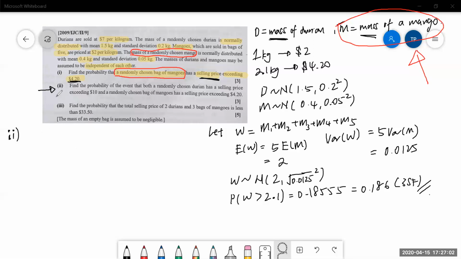Okay, part 2. Find the probability of the event that both a randomly chosen durian has a selling price exceeding $10 and a randomly chosen bag of mangoes has a selling price exceeding $4.20.